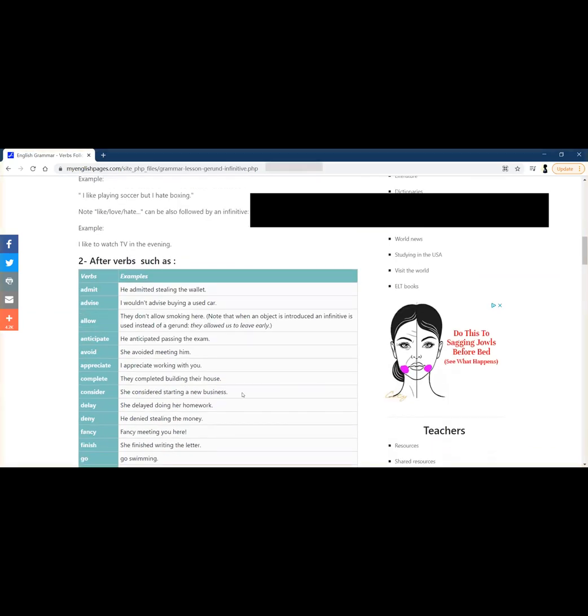They can also follow some verbs such as admit: he admitted stealing the wallet; or advise: I wouldn't advise buying a used car; and allow: they don't allow smoking here.